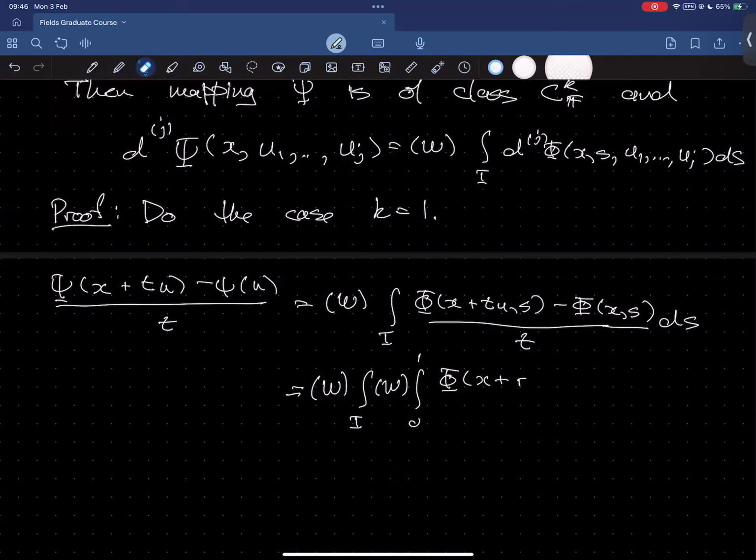Sorry, it's mean value theorem, so it's the derivative of phi, D1 phi, so d phi of x plus r t u, s, dr ds. Sorry, I go dr first. And I still have the 1 over t.